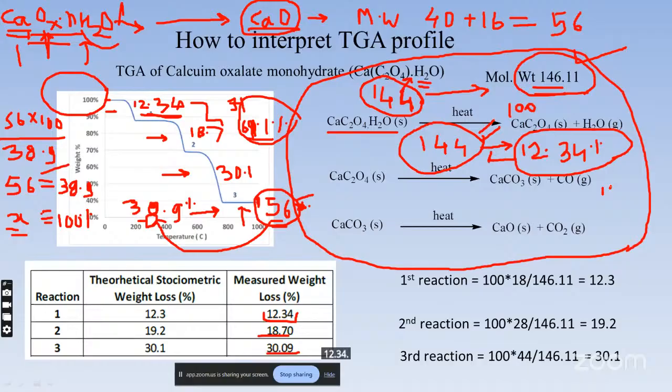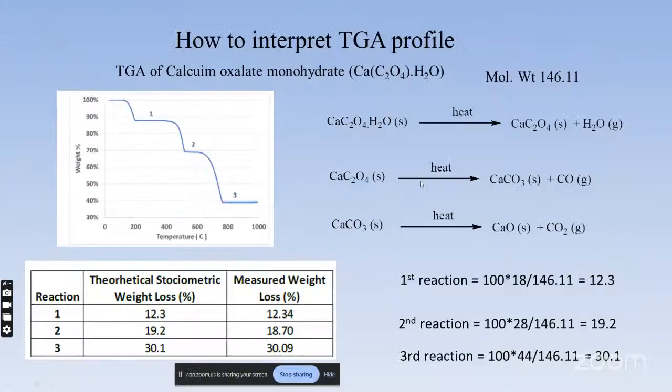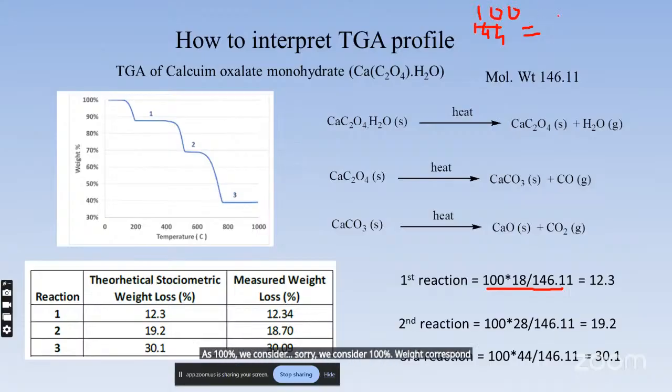Okay, so what we have to do is consider 100% weight corresponding to the molecular weight of 144.